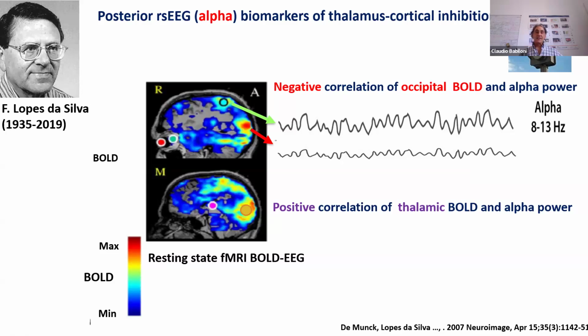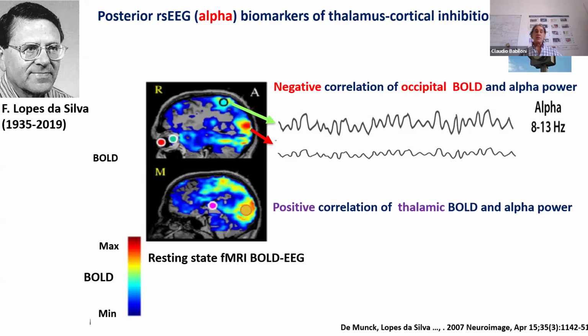Professor Fernando Lopes da Silva was also able to show the strict relation between thalamocortical interactions and alpha rhythms in humans.